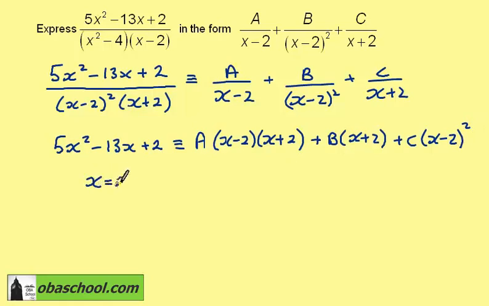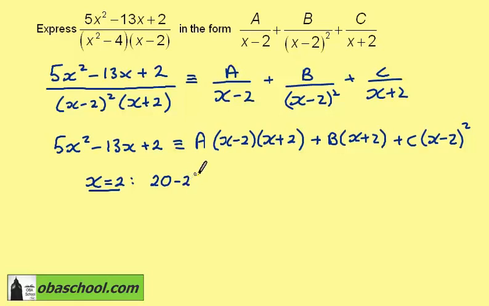If we now take x equal to 2, this will make this disappear. 2 minus 2 is 0, so the whole of this will go, and this will also disappear because 2 minus 2 is 0. So we just get left with the term involving b. Put 2 in here, and we get 5 times 4, which is 20.